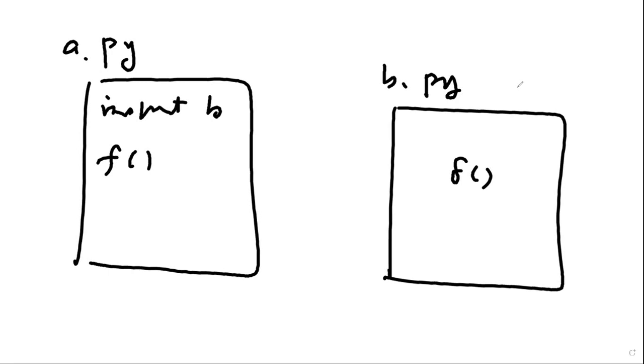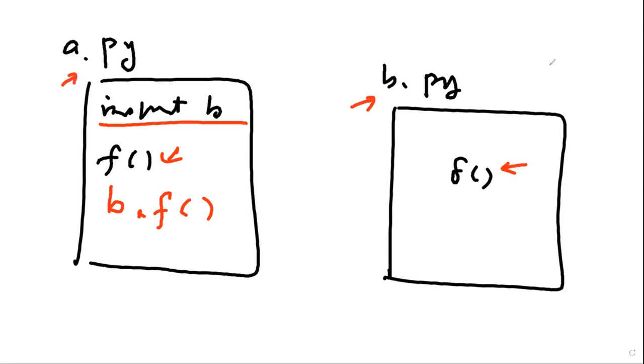So this f function in a.py and the b.py are different functions, right? So if you want to run the b sub f function, using import b, you have to run b.f function. Okay, because B's namespace and A's namespace are different, right?